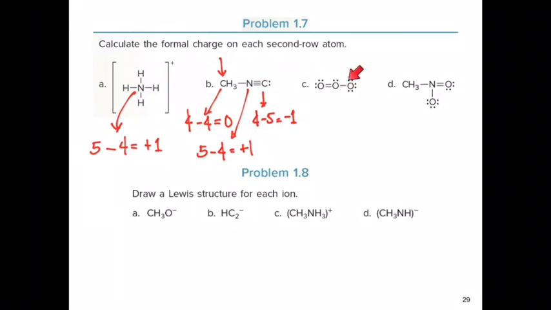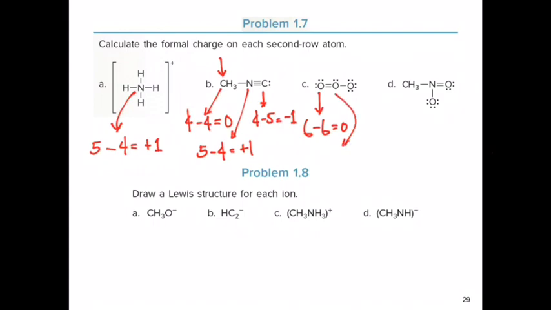What about ozone, O3? Let's look at this oxygen right here. It has 6 valence electrons. And then we're going to subtract the number of electrons owned. In this case, we have 1, 2, plus 4, 6. So that's equivalent to 0 formal charge.